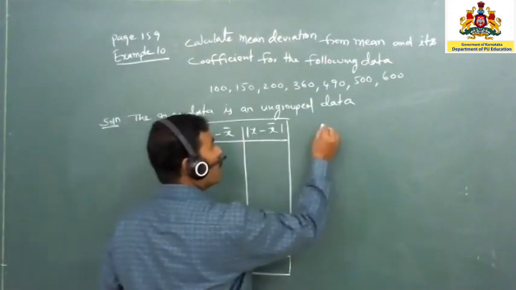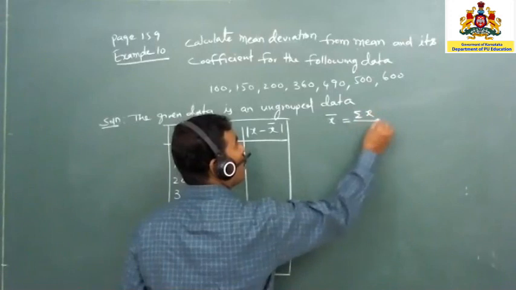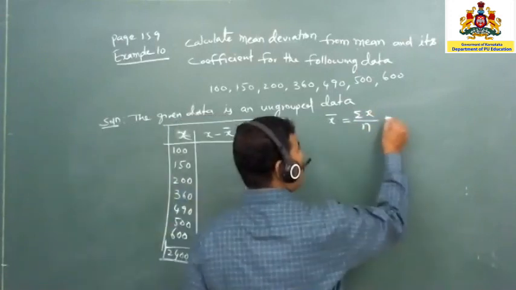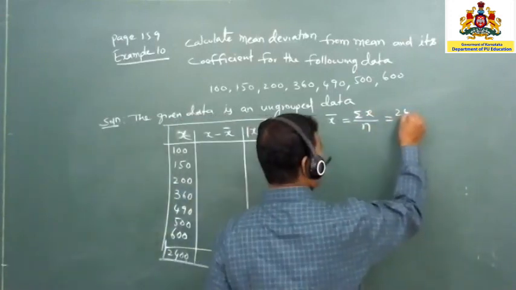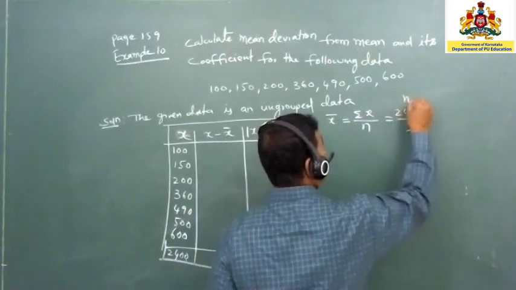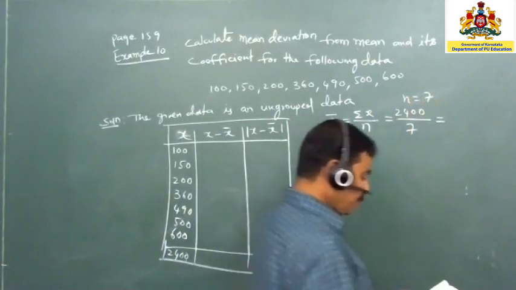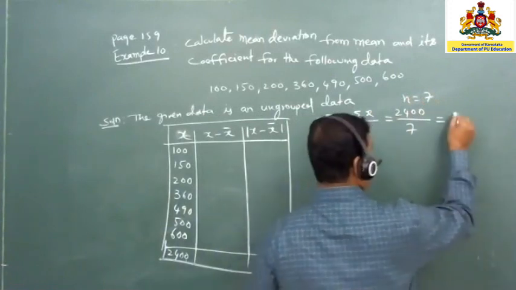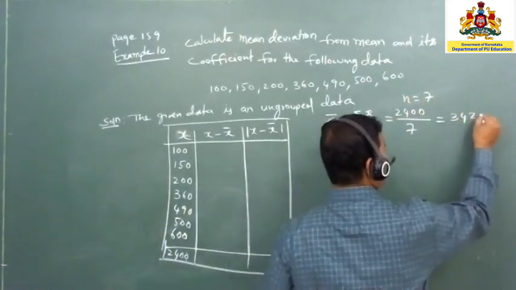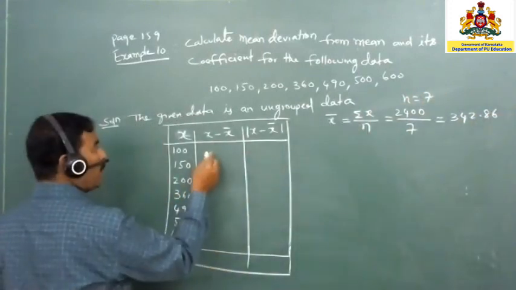For ungrouped data, mean x bar equals summation x by n. Here the total of x is 2400 by 7, since n equals 7 observations. The answer is 342.86.